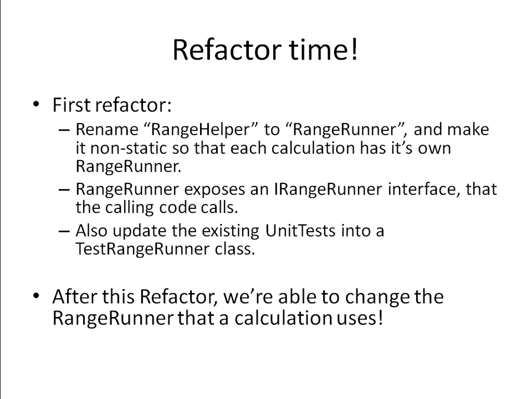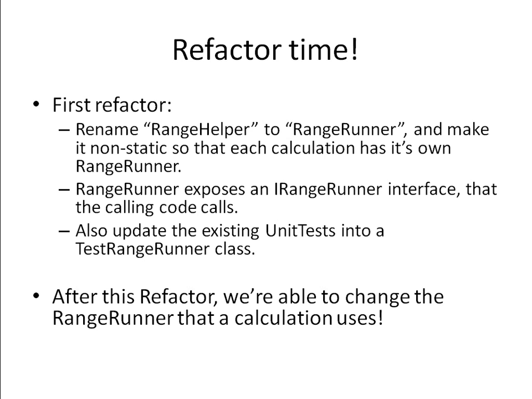So the first refactor was I took that range helper and I copied it into a class called range runner. Okay, and I had to make it non-static so that each calculation has its own range runner. No rocket surgery there.